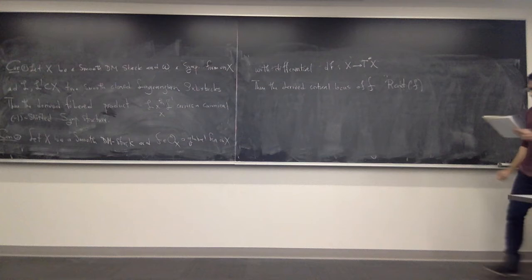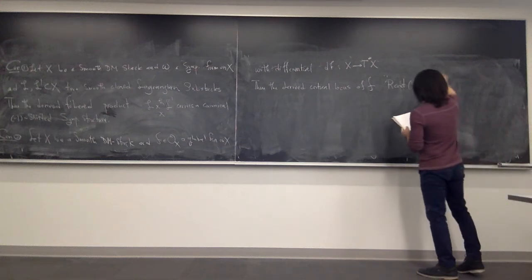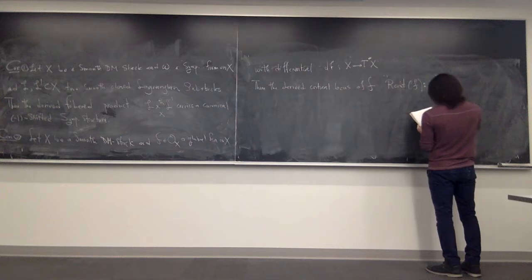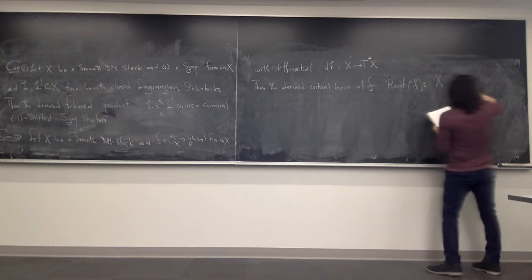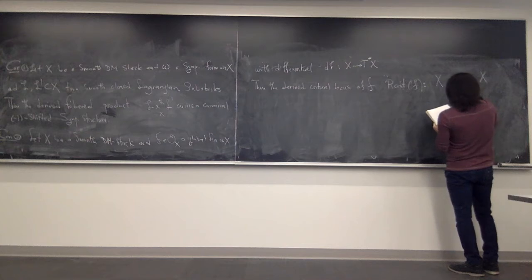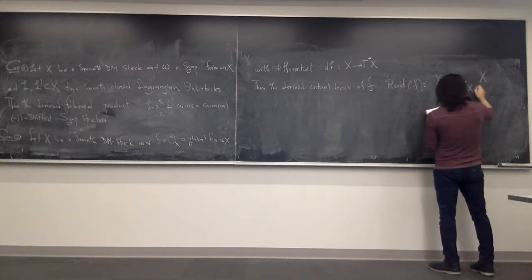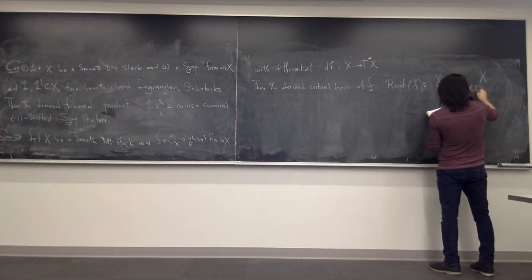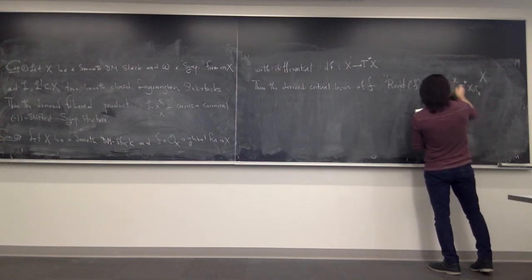The R critical locus is defined as X fiber product over the tangent bundle of X with itself, and this fiber product is with respect to the zero section map and the df.